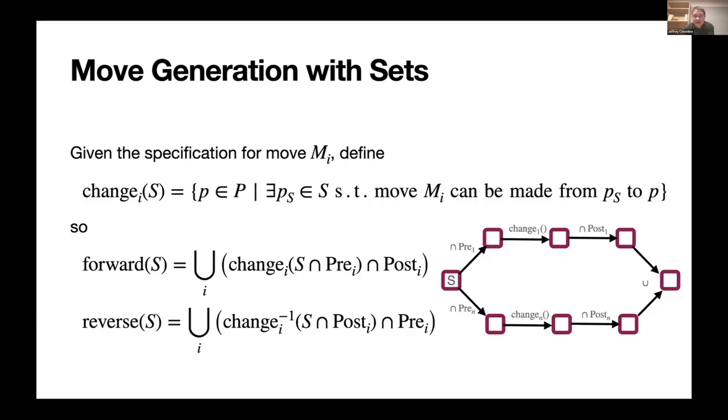So in this work, we mostly use the forward generation for validation, to make sure our rules were written correctly. And then for solving, we use the reverse generator.